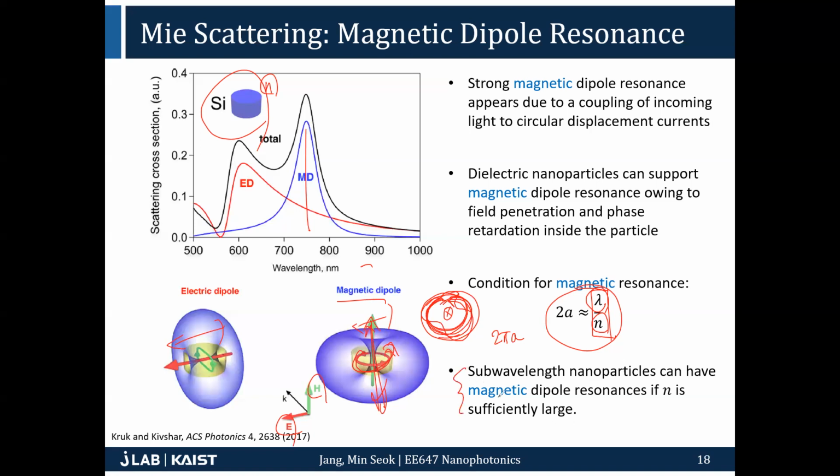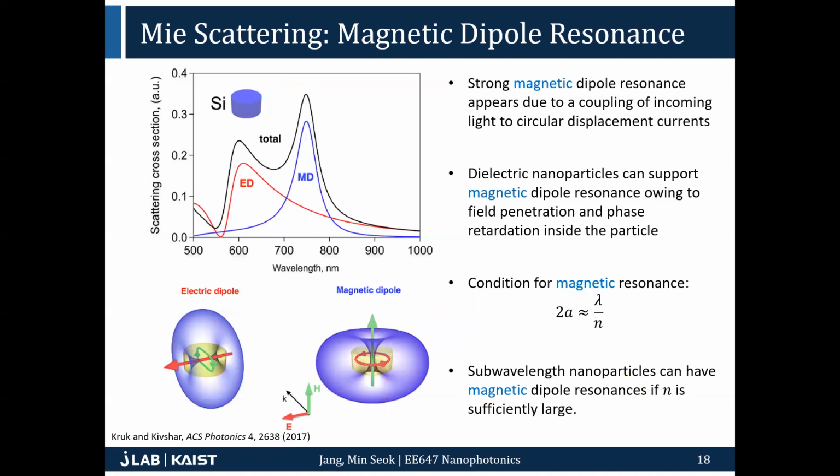So here, again, sub-wavelength nanoparticles can have magnetic dipole resonances if n is sufficiently large. With large n, the wavelength of the electromagnetic wave is much shorter in the material, so even if the size of the particle is small, you can still have a magnetic resonance.